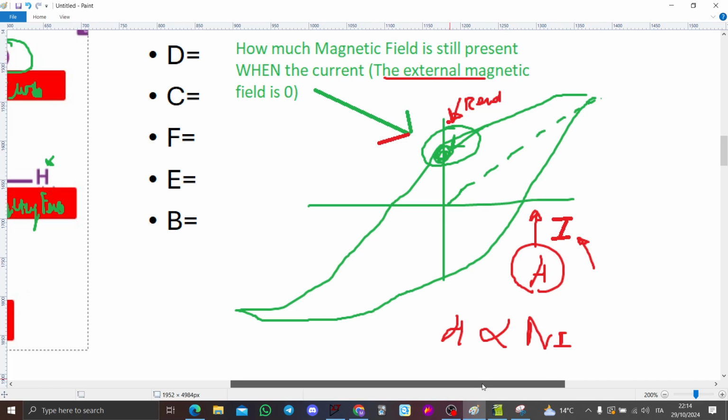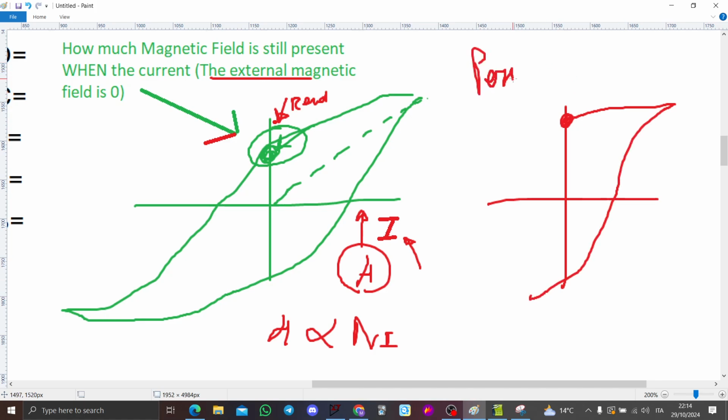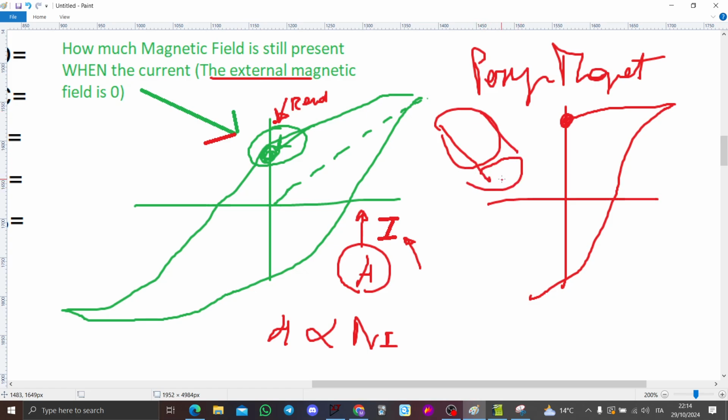And if you understood this, you can imagine that I want this to be extremely high if I have to design a permanent magnet, for instance, for motors. Permanent magnet motors do need something like that.